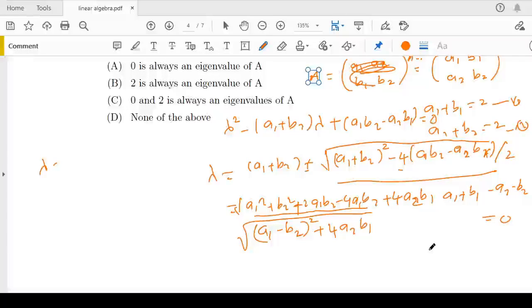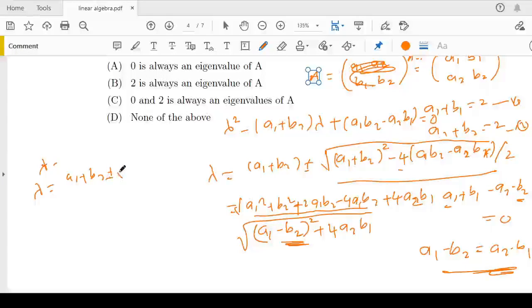Therefore a1 minus b2 equals a2 minus b1. Now substitute this value into this equation. Therefore lambda is equal to a1 plus b2 plus or minus the square root of, but we know that a1 minus b2 equals a2 minus b1.